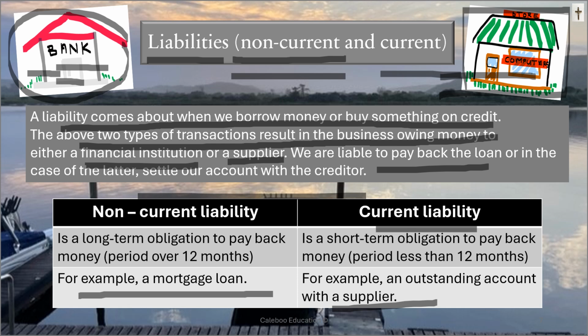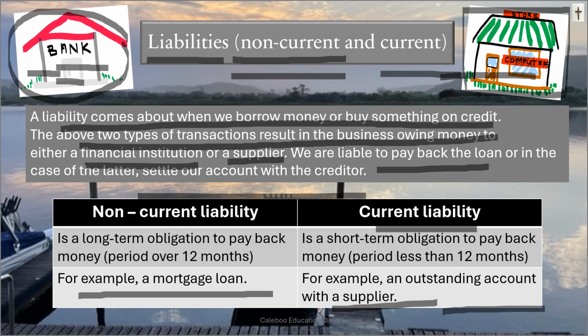So your bank has moved from an asset to a liability. We had cash in bank, spent too much, went into overdraft, and it's moved therefore from a current asset to a current liability.